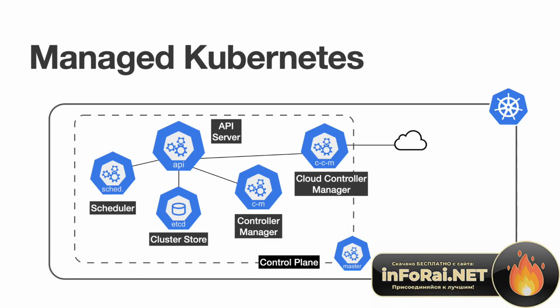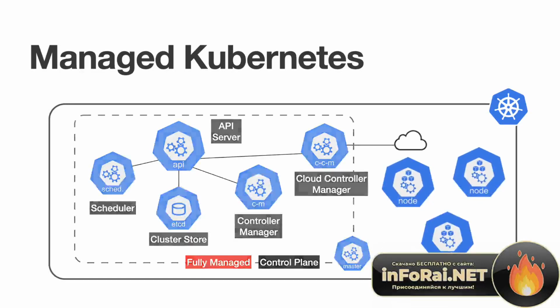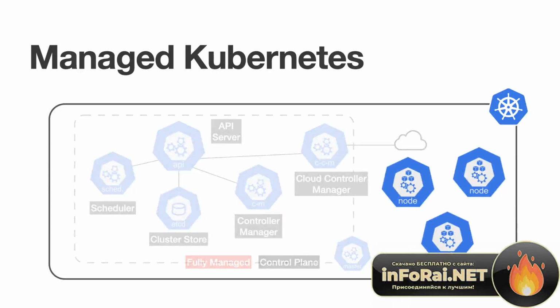So all of this is fully managed for you. And all you have to do is just focus on the worker nodes, and this is where your applications run. So you see that all of a sudden you remove a lot of complexity and you just have to focus on your application itself.